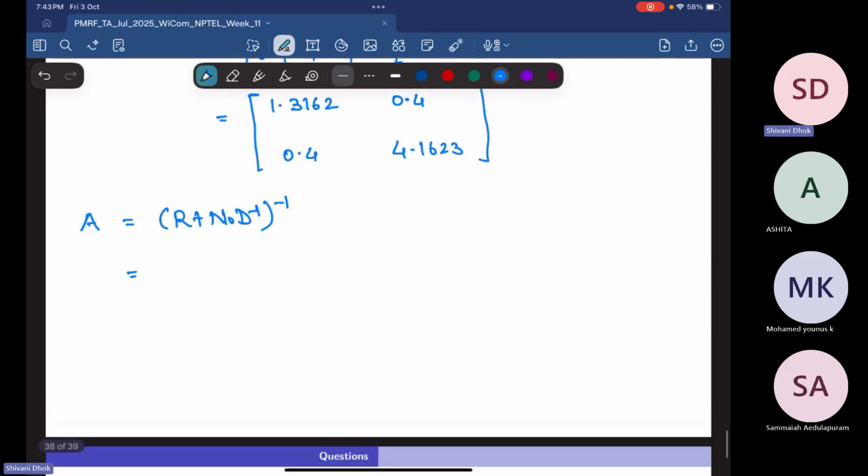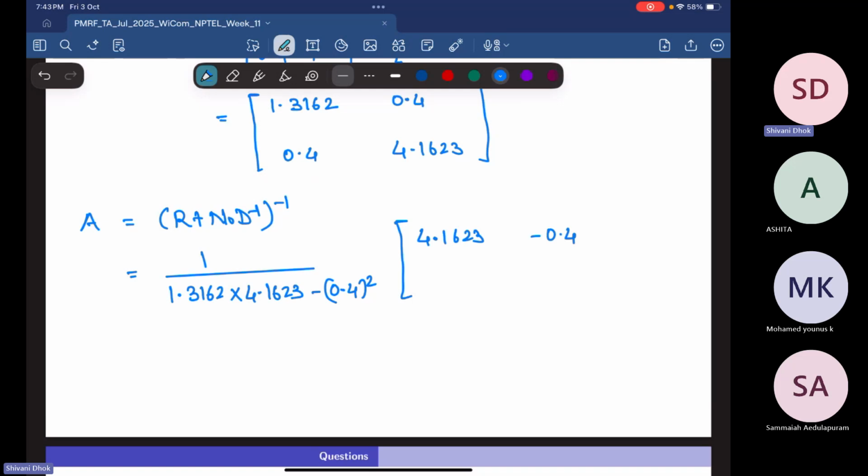This comes out to be the inverse of this matrix, which is 1 divided by 1.3162 into 4.1623 minus 0.4 whole square, multiplied by the matrix 4.1623, minus 0.4, minus 0.4 and 1.3162.